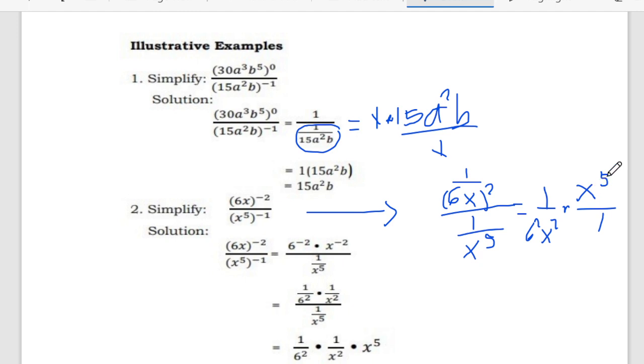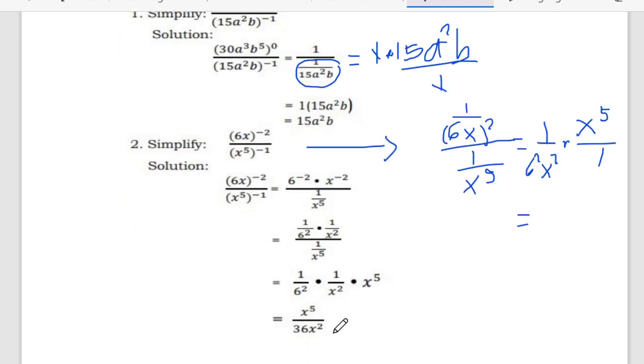So, ang x5 at saka x2, okay. So, this will become 1 over x. Okay, ito na 1 over 6 raised to 2. Tapos, meron pa siyang 1 over x square. Tapos, may x5 sa taas.